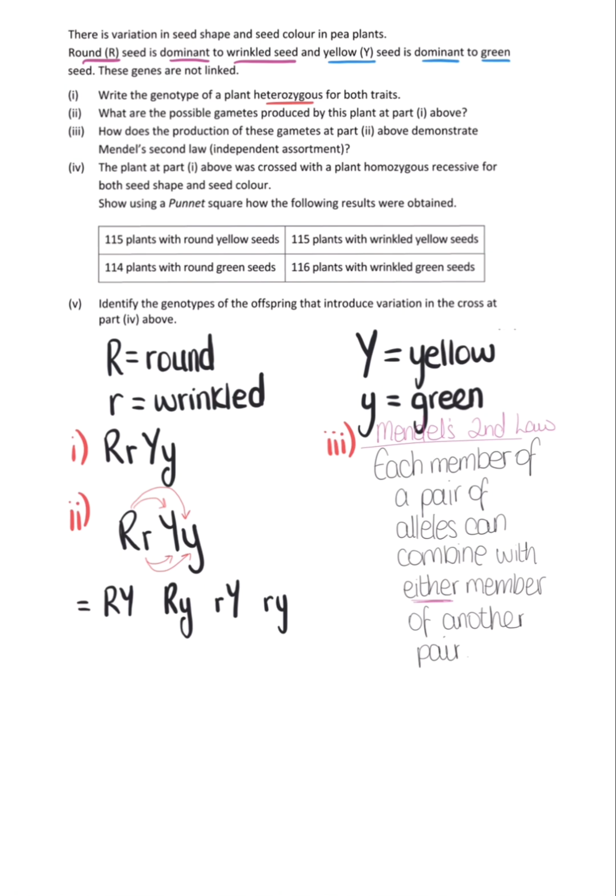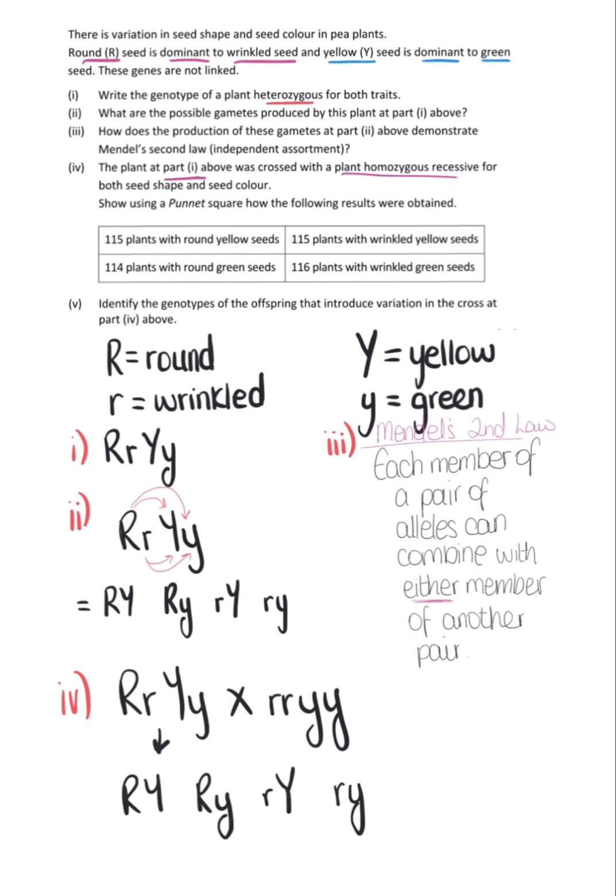So the first thing that you need to do is underline the important bits. The first thing is that it was the part 1 plant crossed with a plant homozygous recessive. That's going to be homozygous, which is the same, and recessive, which is lowercase. So it's going to be like this. This is the two plants crossing with each other. The gametes that are formed from the first one, which is heterozygous, are the answer in part 2.